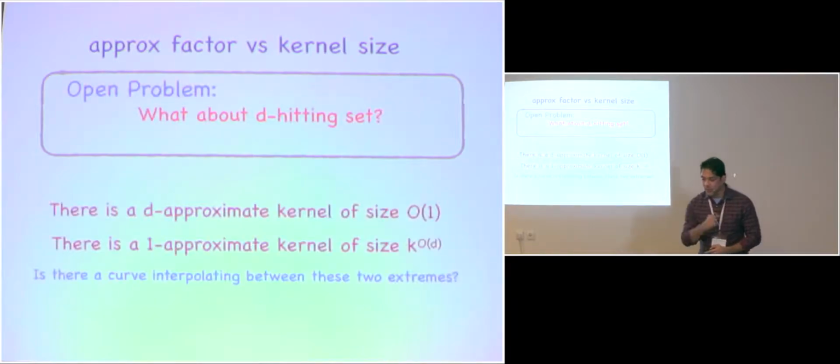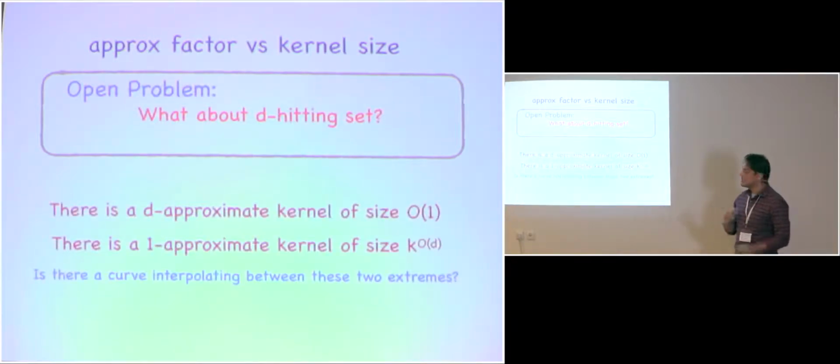And more generally, this is a special case of the d-hitting set problem. Well, it's not really a special case, but it is closely related to the d-hitting set problem, where you have a d approximate kernel of constant size, because you have a polynomial time d approximation. And there is a one approximate kernel of size k to the order d. This is nothing but the k to the order d kernel.